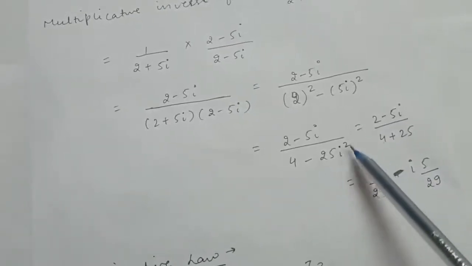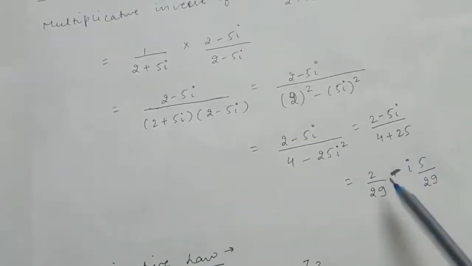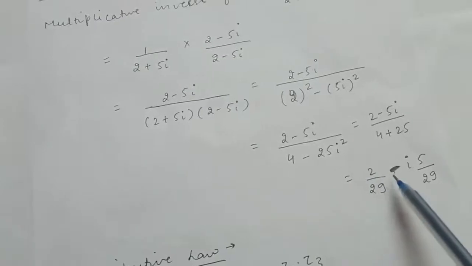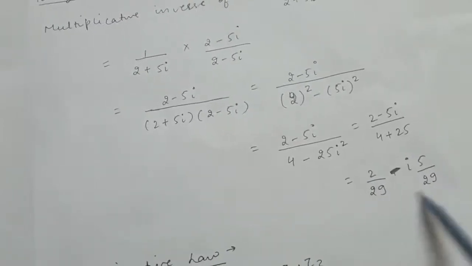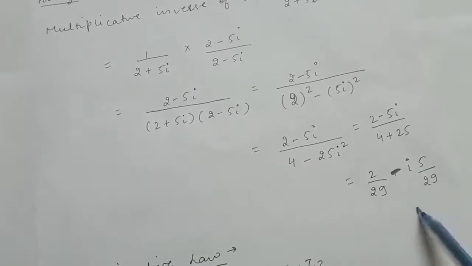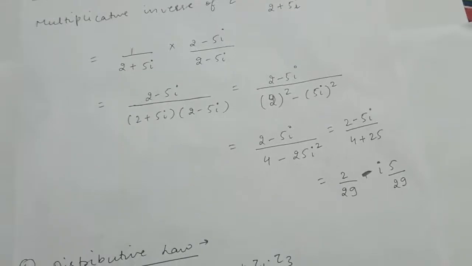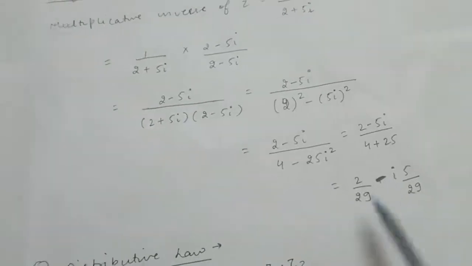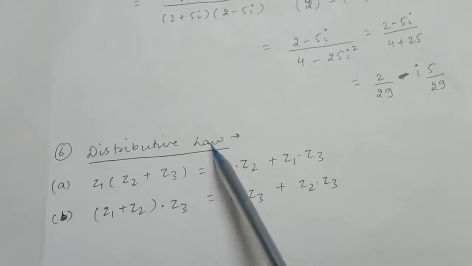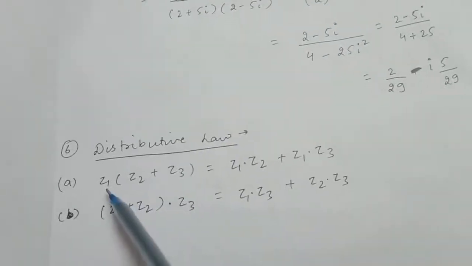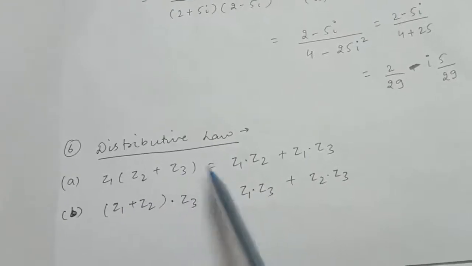Now iota square is minus 1. Minus into minus is plus. So you will get 2 upon 29 minus iota 5 upon 29. Now this is the a plus iota b form, right? So if you have to find out the multiplicative inverse, always find it in a plus iota b form only. Okay.